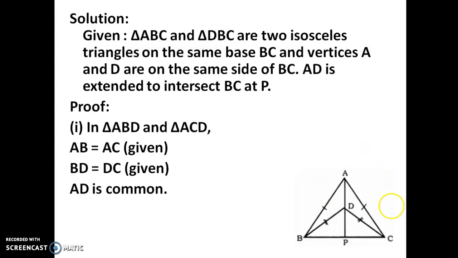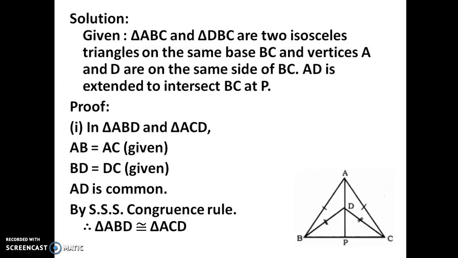Then AD is common to both triangles. So by the SSS congruence rule, when three sides of the triangles are equal, those two triangles are congruent. So we can prove that those two triangles are congruent.